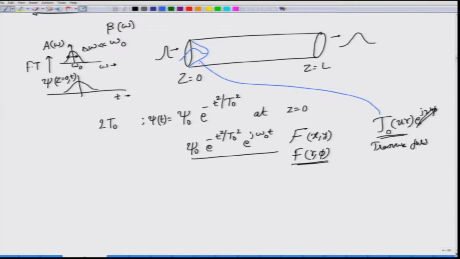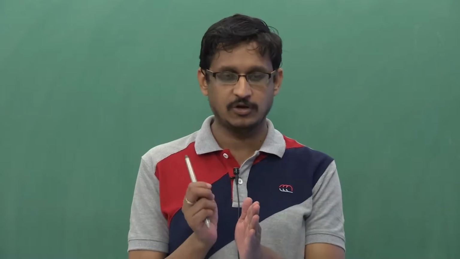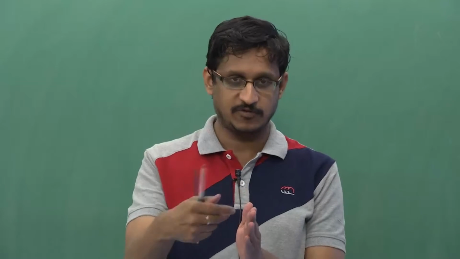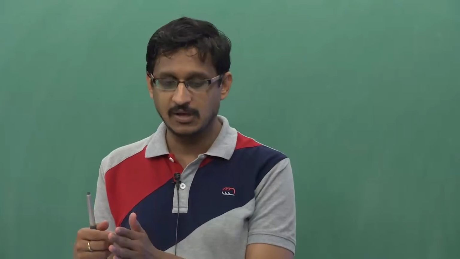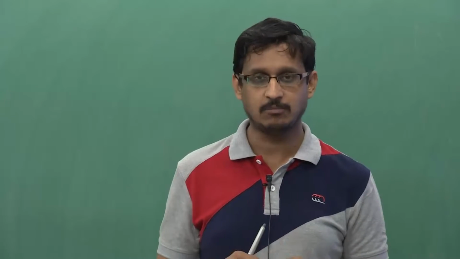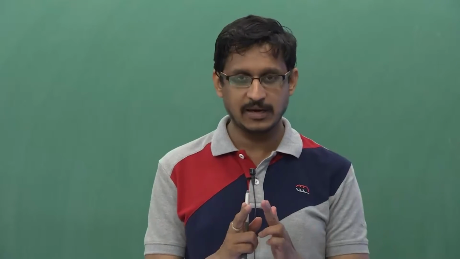One is in the transverse plane, what is the distribution of the mode energy, that is determined by the solution for the transverse field components, which is essentially what we did in the mode theory, and how a particular mode, that fundamental mode or any other mode, is propagating with respect to z and time is given by this modulated term, and how this modulated term will evolve through the fiber as it propagates. Okay. So, please keep in mind these two things.